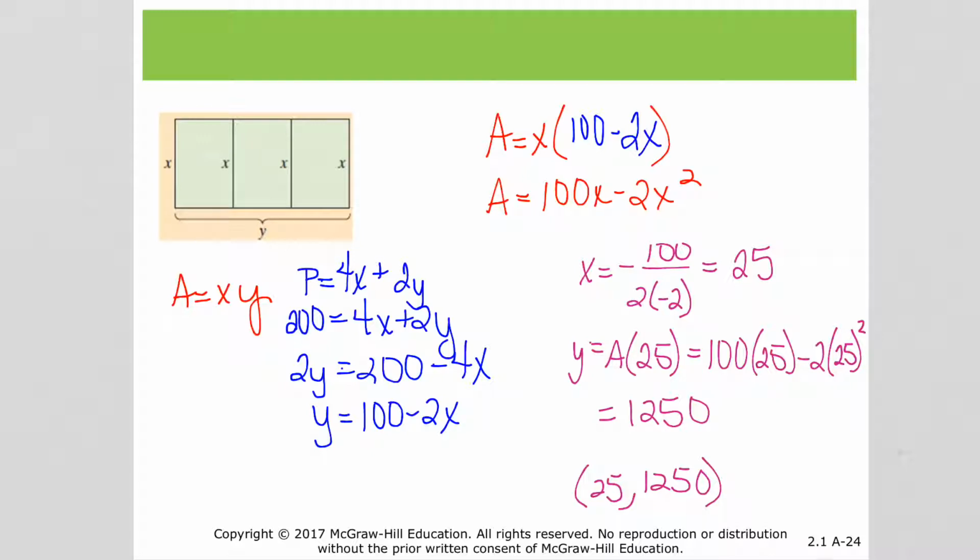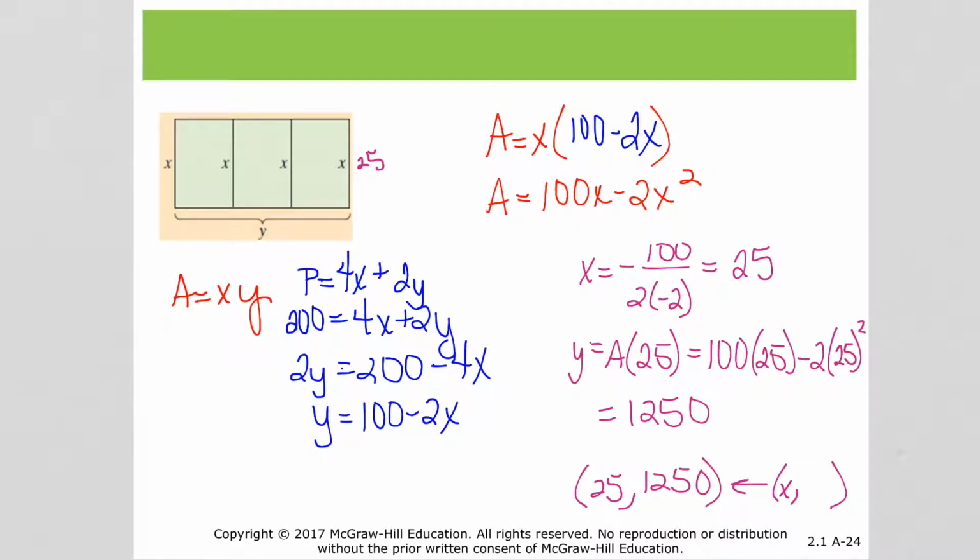Okay, well, we found x, but what was x? Okay, x was this distance. Okay, so just one of those distances gives us x there. So this side of our corral is 25.